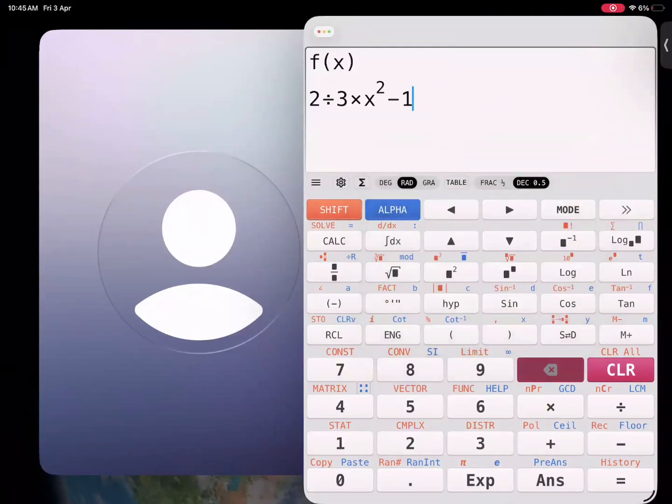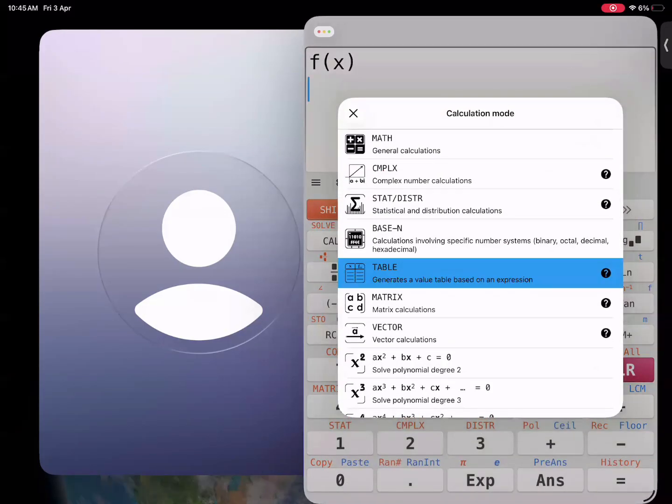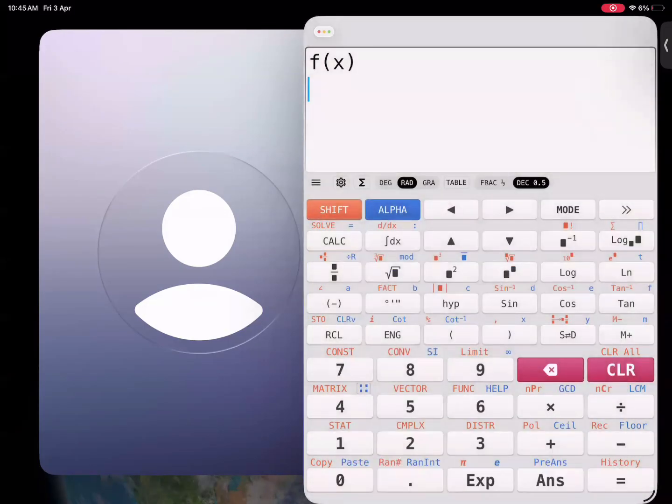One minute please. How do we get this kind of approach? Mode and table function. You can see a blue option, table function. It is available in your calculator as well. And when I use it there, what question do we have?